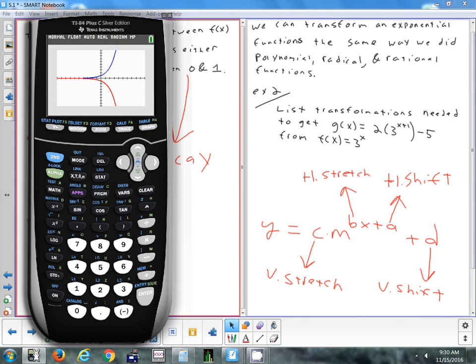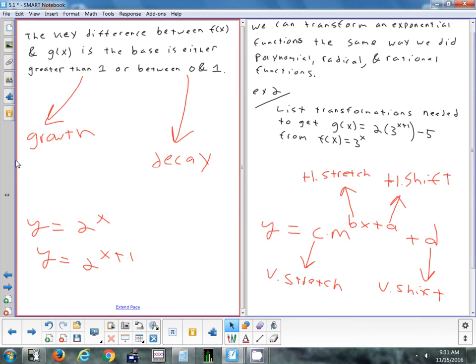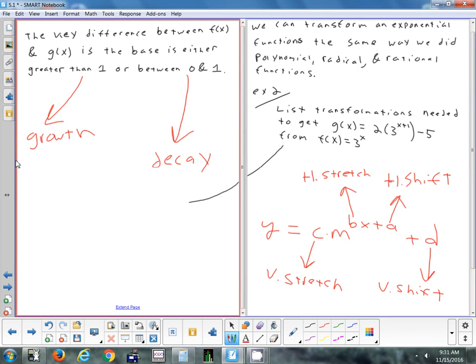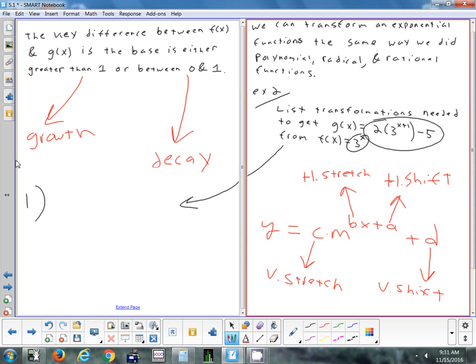All right, so now let's see if we can list out our transformations here. I'll put them over here. Let's list all the transformations to change this into that. First of all, how many transformations are happening? 3.